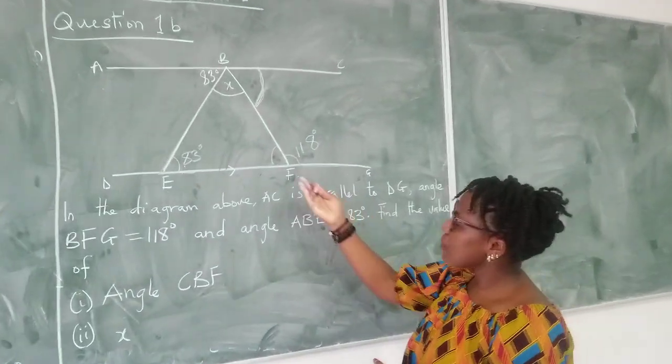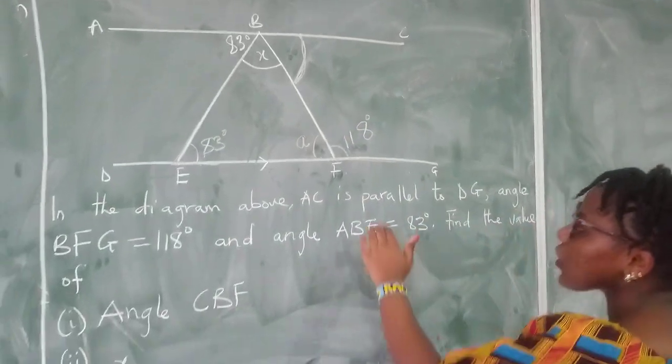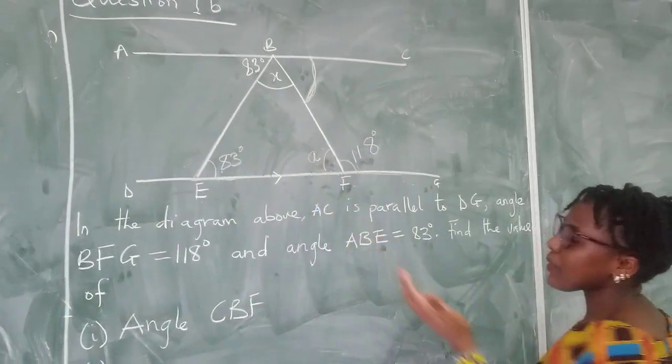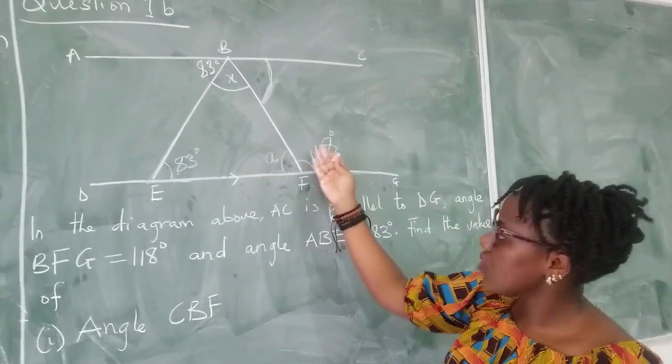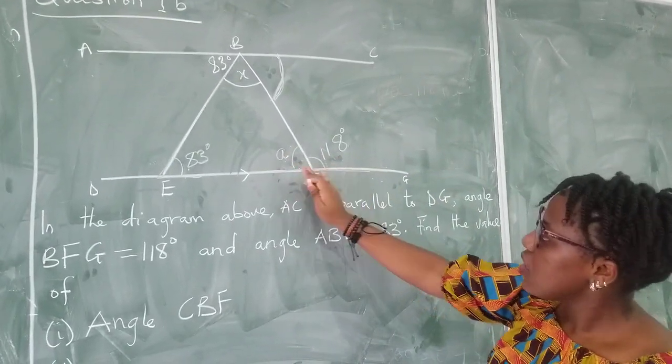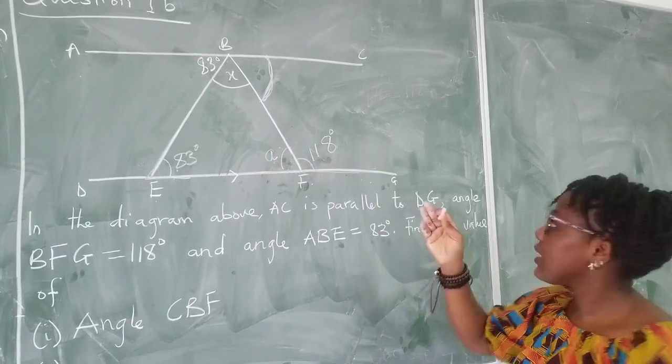So let's label this angle here A. If we call this angle A and apply the property of angles on a straight line to sum up to 180, we know that A plus 118 should give us 180 degrees.